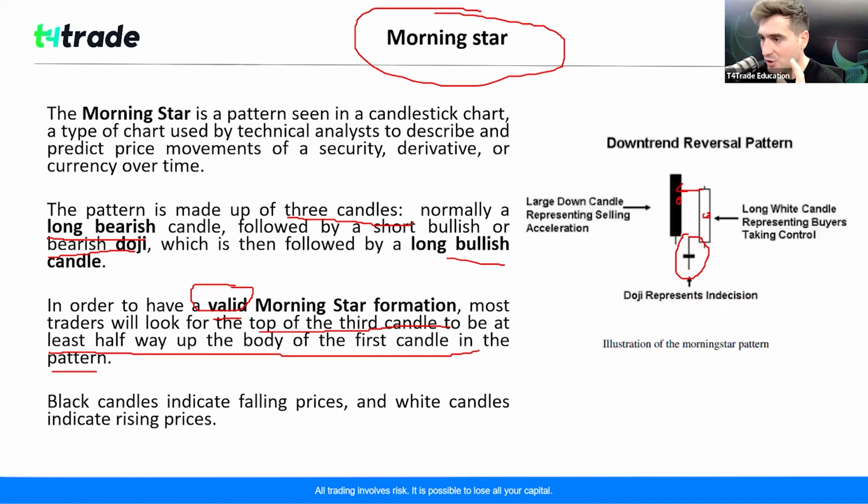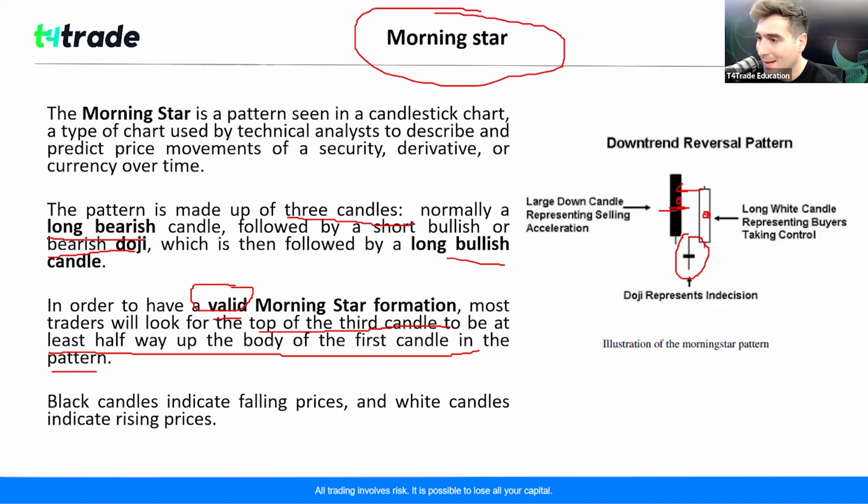The confirmation for us is when you see the third component of this pattern, the bullish candle at the end, being formed and rising at least halfway into the prior bearish candle's trading range.